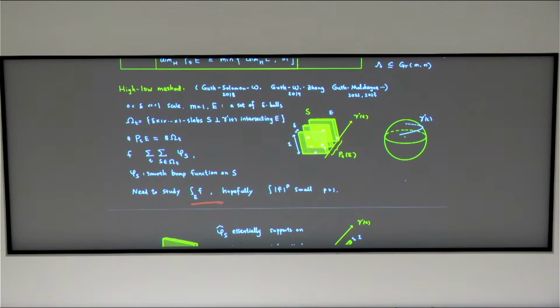Yeah. So after Hausdorff's inequality, if one can show that, in fact, this is not saying that the LP norm of F is small.